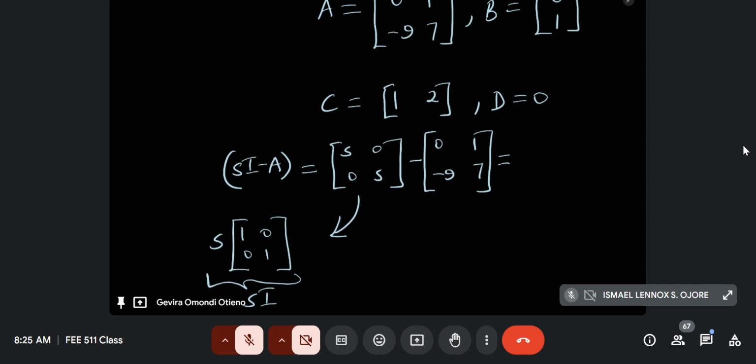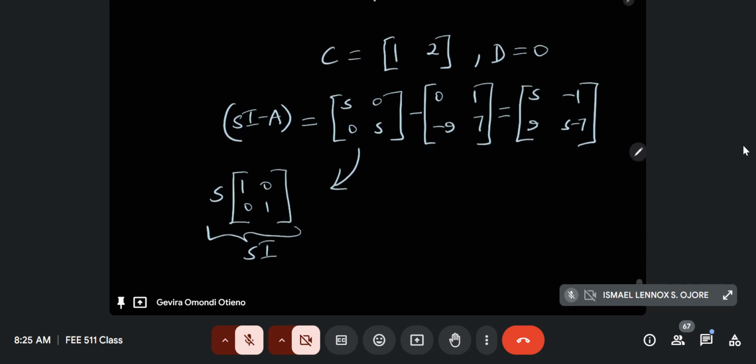So you have to counter check every time. You have to make sure you subtract properly. So here you'll have S, minus 1, 9, and then S minus 7. Okay, so I hope that's clear. I can rub this off because I've shown you what that is.